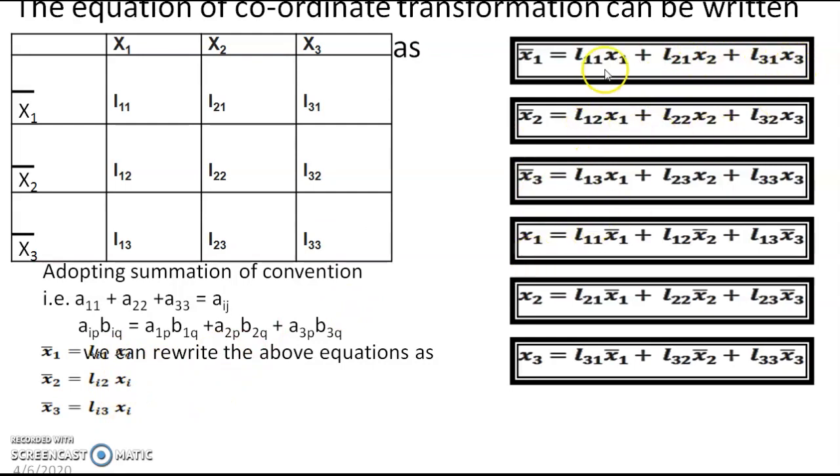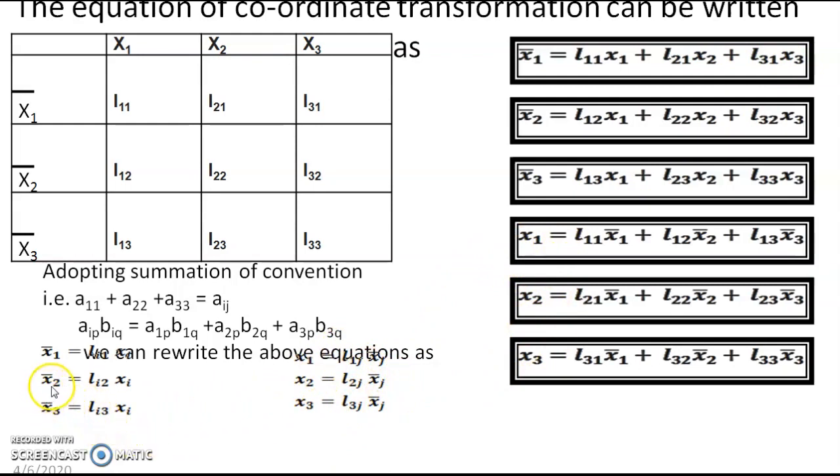Instead of writing x1, x2, x3, we're writing just xi, so that we can put the value of I as 1, 2 and 3, right? For the second set also we'll get the same short compact notation.